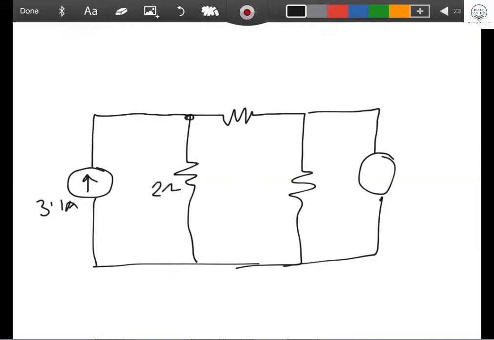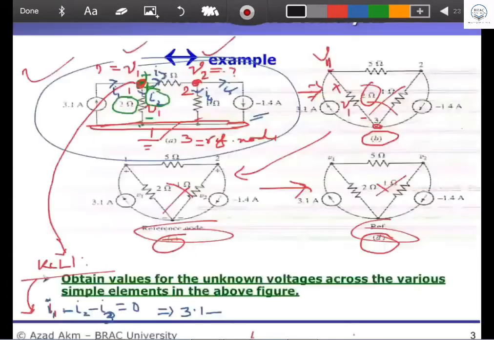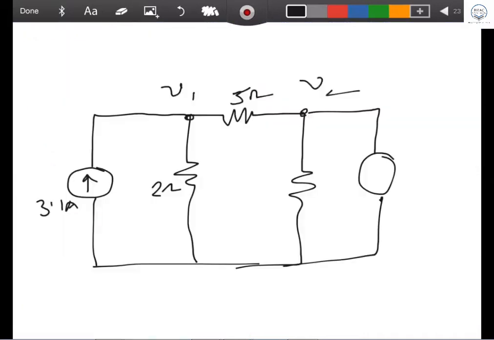This is V1, V2. And what was the value of the resistor here? 5 ohm. And the other one is 1 ohm, right? And this is minus 1.4 amps.